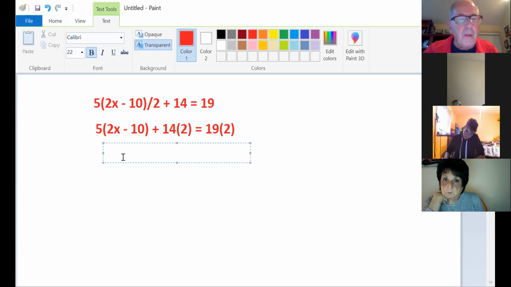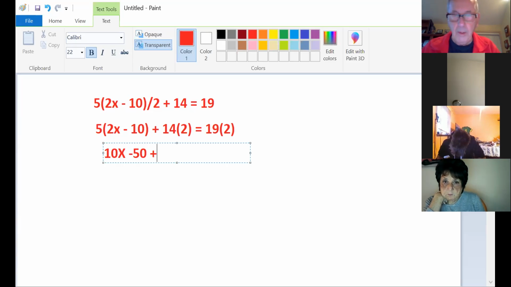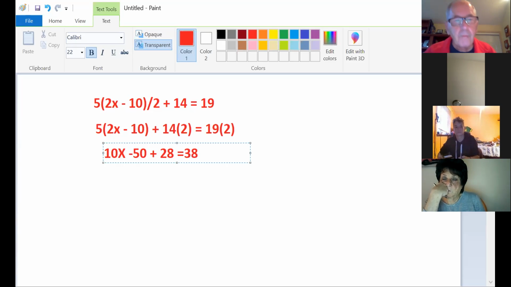And then the next step is to go ahead and multiply 5 times 2. So it'll be 10x. And 5 times minus 10, which will be minus 50, right? And then 28, that's what 14 times 2 is. And that will be equal to 38, right?